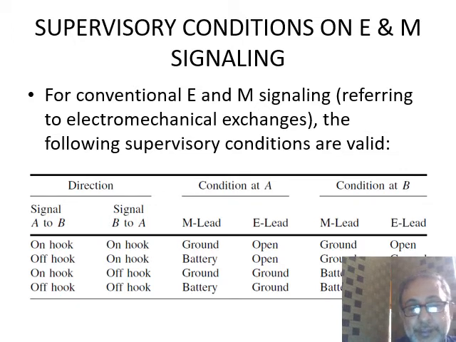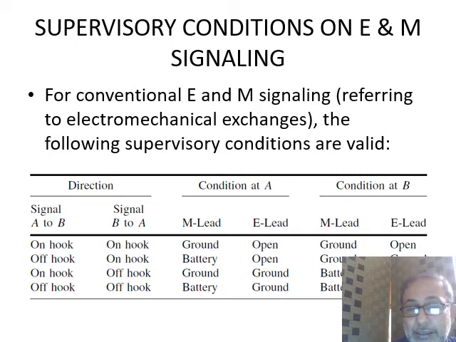For example, if the signal from A to B is on hook, and B to A is also on hook, then the M lead would be ground and the E lead would be open on the A side, and on the B side the M lead would be ground and the E lead would be open. Similarly, if we have a battery on the M lead and open on the E lead, it would mean that it is off hook from A to B.